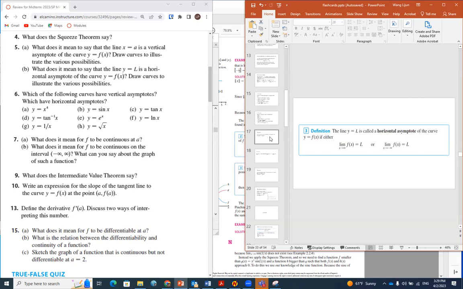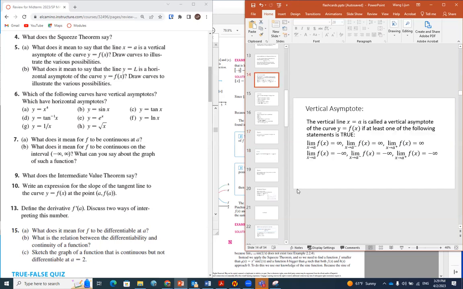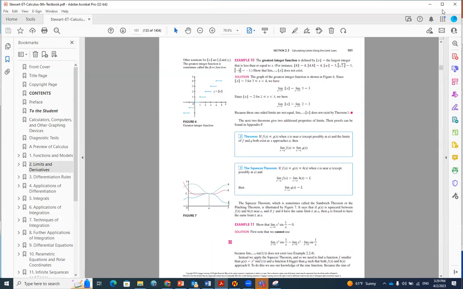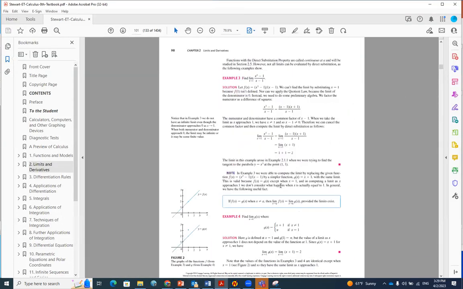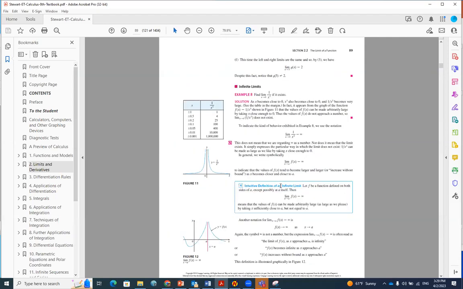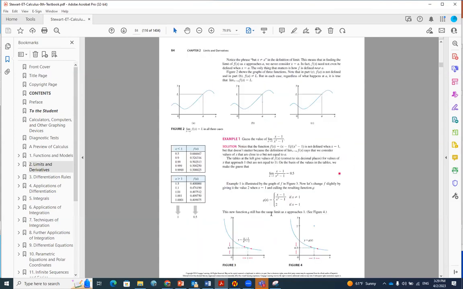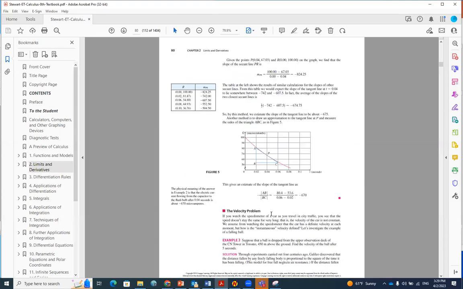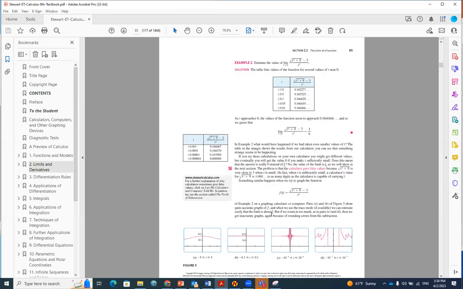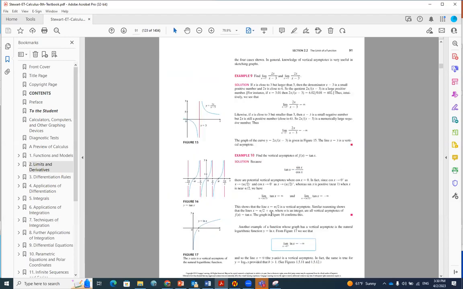How many examples are out there? Lots of examples. So let's look at a vertical asymptote. If you read the textbook, any textbook would give you lots of stuff. Here, that's section 2.1.